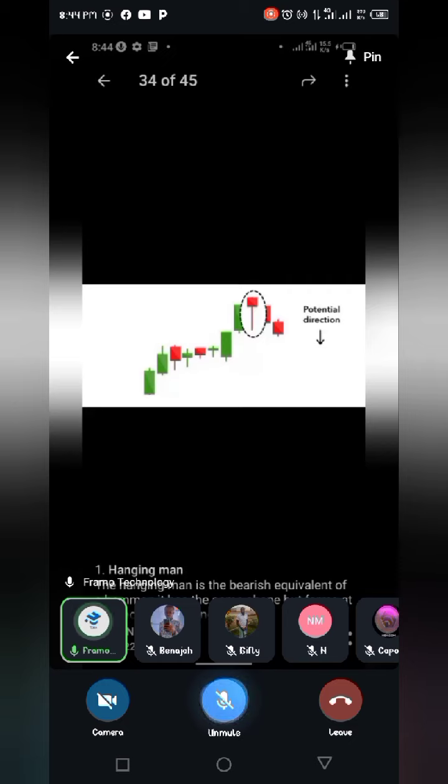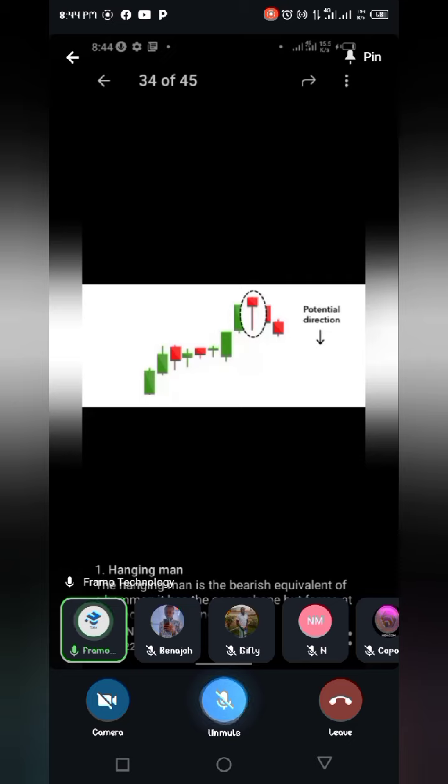upward or the bullish. So whenever you see a hammer formed at the top of an uptrend, we call it a bearish pattern. Is it okay?